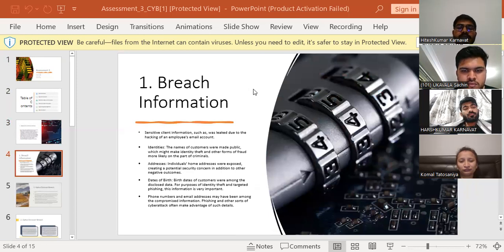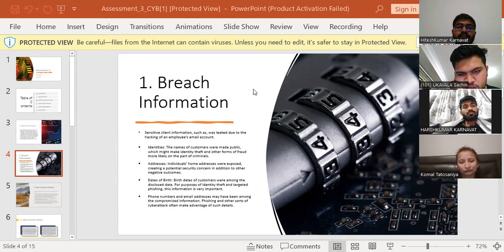Sensitive client information was leaked due to the hacking of an employee's email account. First, identities. The names of customers were made public, which might make identity theft and other forms of fraud more likely on the part of criminals. Addresses. Individuals' home addresses were exposed, creating a potential security concern.